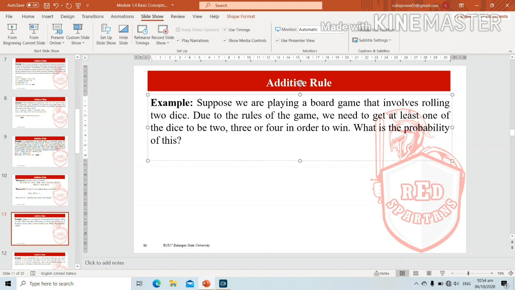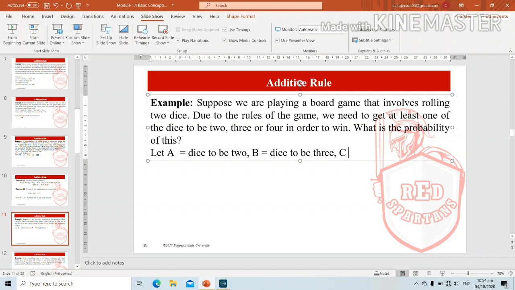So, let event A na yung ating dice ay magiging 2. Then, for event B, dice to be 3.